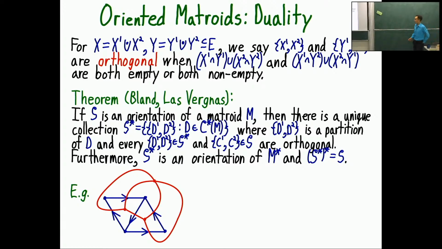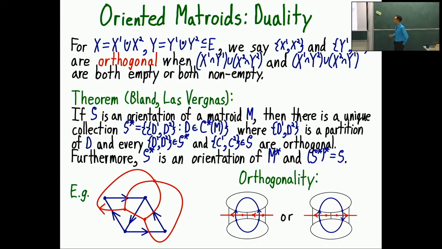If I have a planar graph, then I have a dual graph, and if I have an orientation of this underlying graph, I'll start by arbitrarily choosing an edge or an element of the dual and considering it oriented.